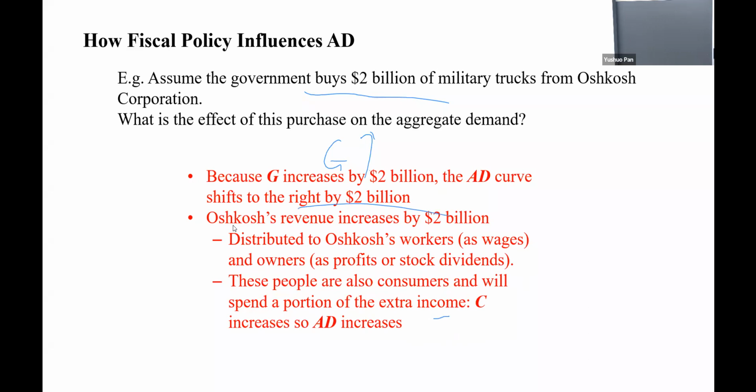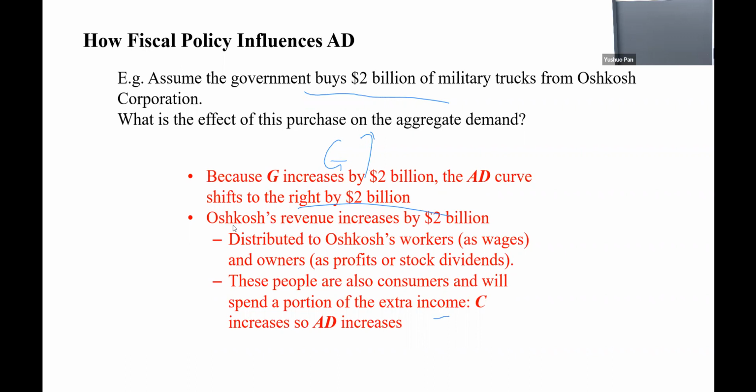And after that, what will happen? Oshkosh's revenue increases by this amount because that's revenue from the government. From that, the corporation could distribute the revenue to workers, owners, or stockholders.